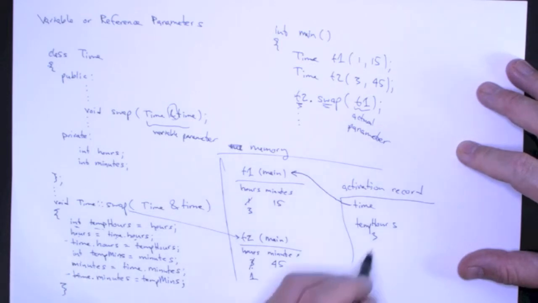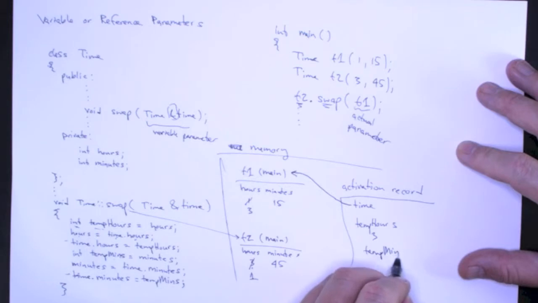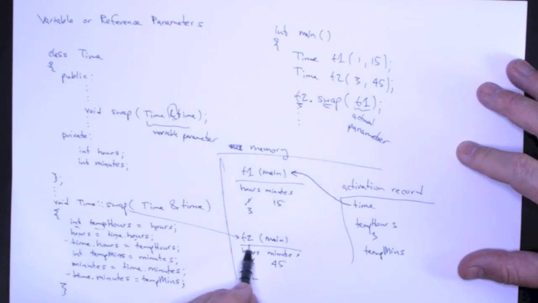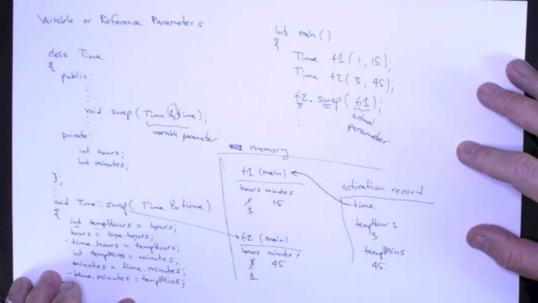Then I create another variable called temp minutes, and I store in it minutes. Well, this is the swap method that I'm calling on T2, so this evaluates to 45, and I'm storing that in temp minutes. So 45 goes there.